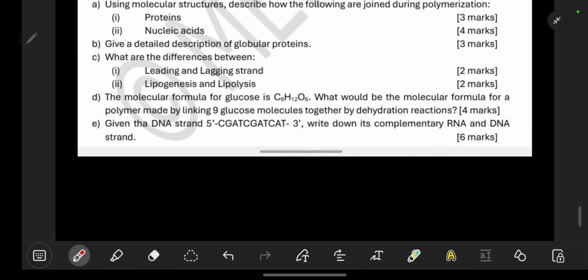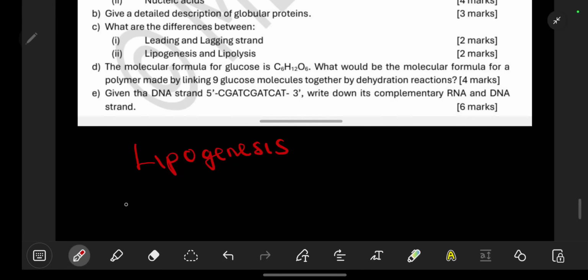So looking at this term, what are the differences between lipogenesis and lipolysis? So lipo means fat, genesis means to make. So in simpler terms, we can just say lipogenesis is the formation of fats.